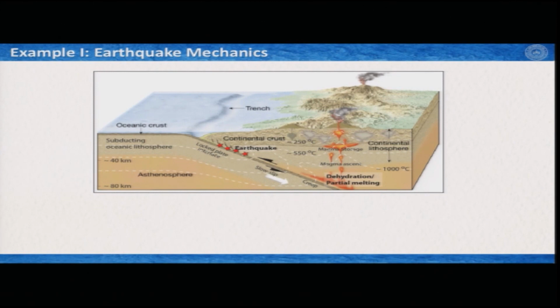And here is an illustration where this oceanic block continues to subduct under this continental crust. And we know an earthquake happens somewhere here, what we call the Benioff zone, at some depth.